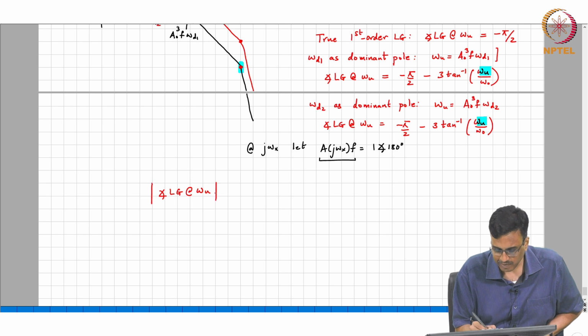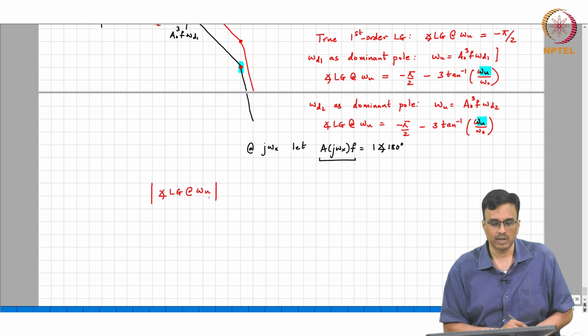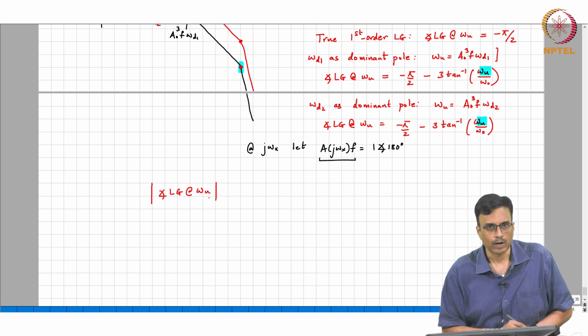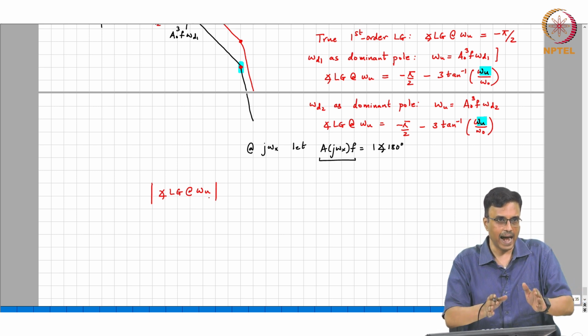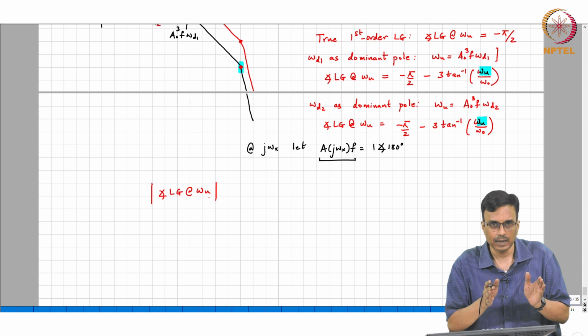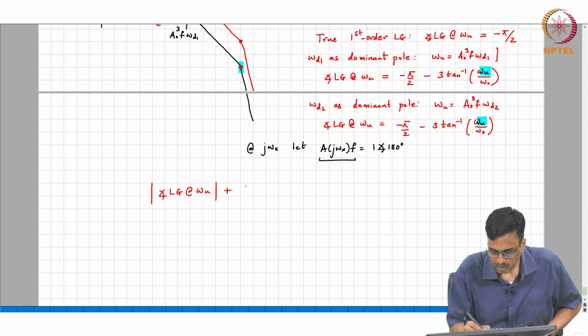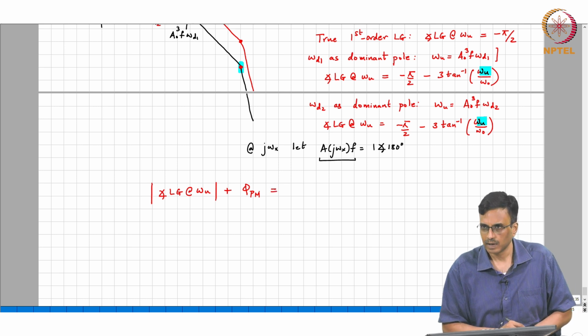How much extra phase must I add to the loop gain? So, this extra phase I am going to call phi m, the phase margin, for good reason, which I will explain going forward.